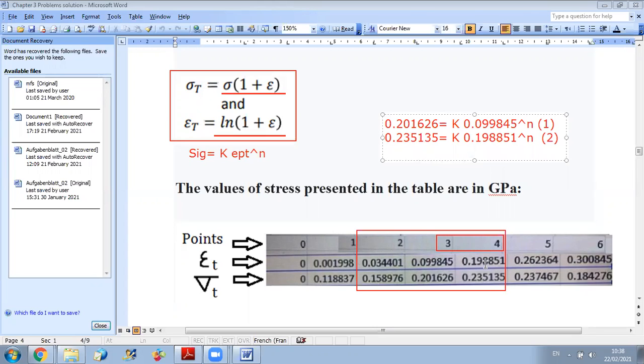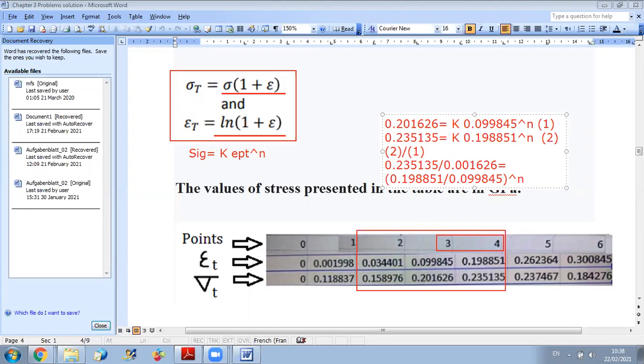Now, if I just divide 2 by 1, so equation 2 over equation 1 will give me 0.235135 over 0.201626 equals k over k will simplify, I will get 0.198851 over 0.099845 to the power n.